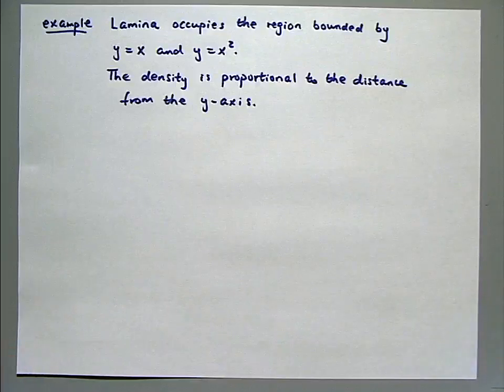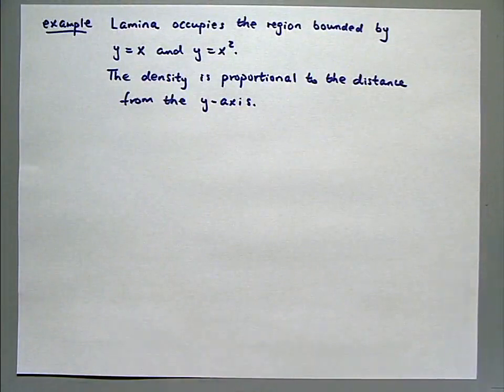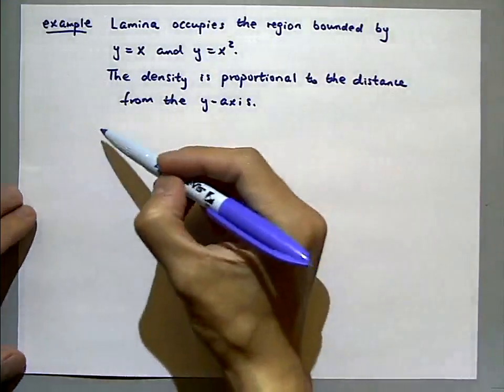Okay, the shape is defined by a region bounded by two pretty simple curves. And the density of this thing is proportional to the distance from the y-axis. In other words, the farther you're away from the y-axis, the more dense it is. The mass is concentrated away from the y-axis.